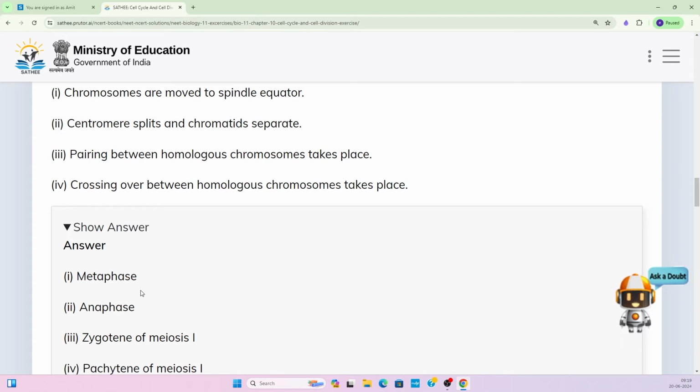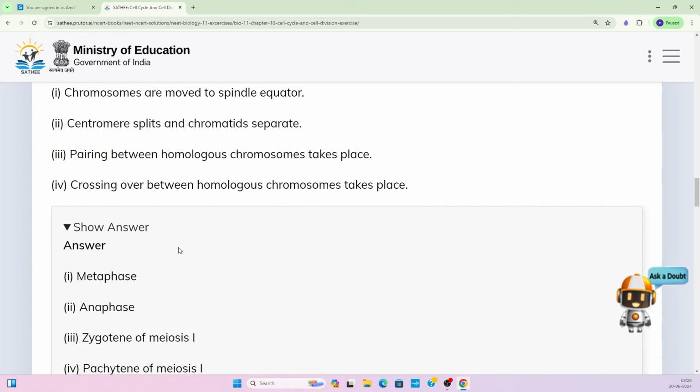The second: the centromere splits and the chromatids separate. After the metaphase comes the anaphase. In the anaphase, the centromere splits and the chromatids get separated because each chromosome has two chromatids. This occurs at the anaphase.